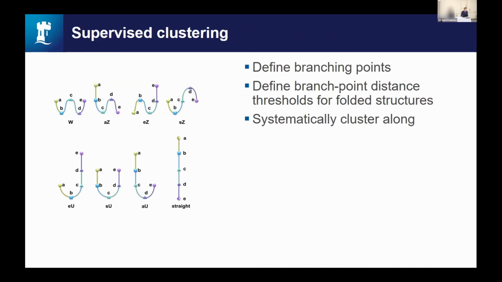So I showed you these conformations before, and you already see the problem with the standard clustering method. What you can do, obviously, is define branching points and distance thresholds and go systematically through the data and cluster along that. And then you get what you put in.